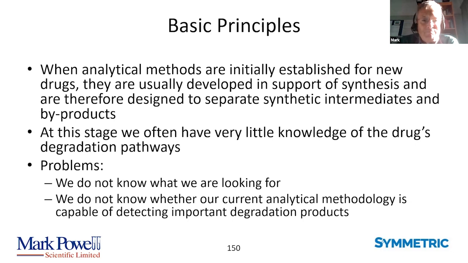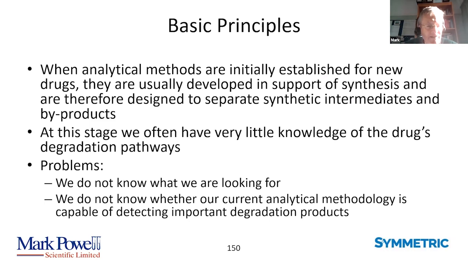So let's imagine that we are developing a suite of test methods for an entirely new chemical entity. So we don't know where those degradation products are likely to crop out. So first priority then is to develop a test method that's capable of detecting those degradation products.